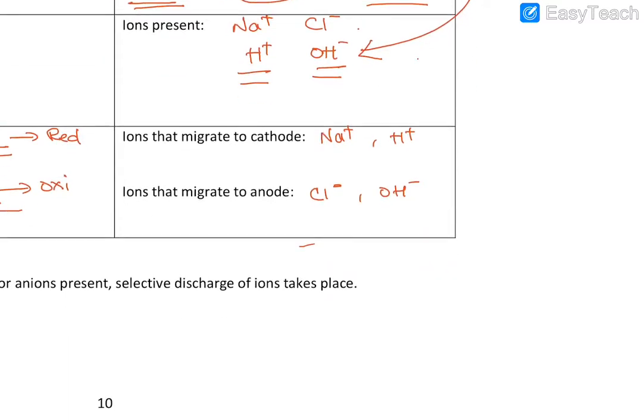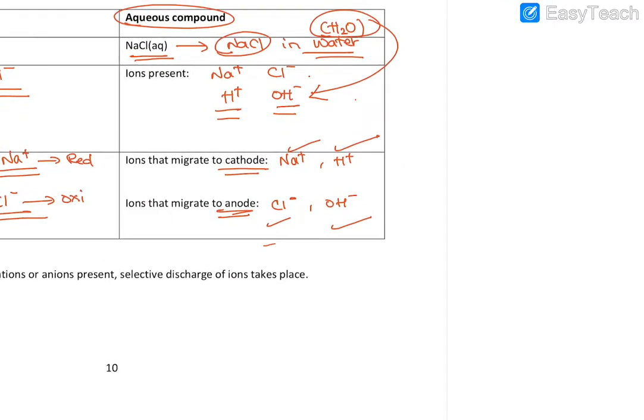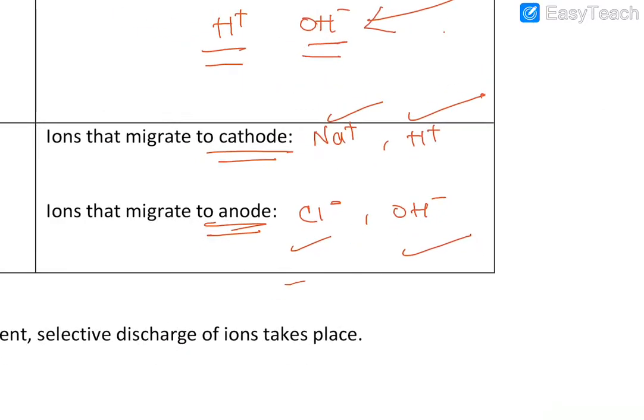Now, at the cathode, you will have both Na+ and H+ because these are the cations that you have. At the anode, you will have both Cl- and OH- because these are the anions that you have. Now, which one will get reduced? Which one will get oxidized? Because you have two of them. So then we have the term selective discharge.